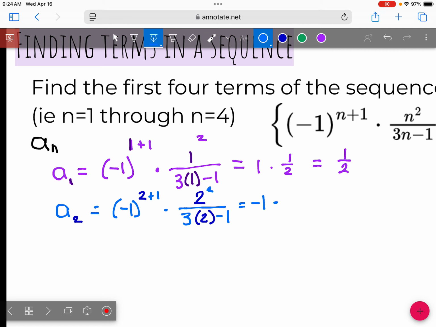And our 2 squared over 6 minus 1 gives us 4/5. So it equals -4/5. So looks gross, definitely doable.